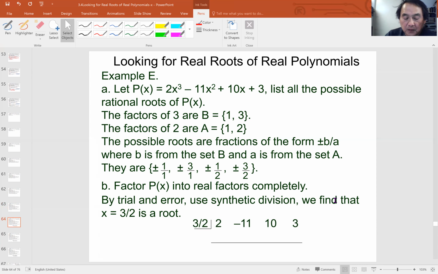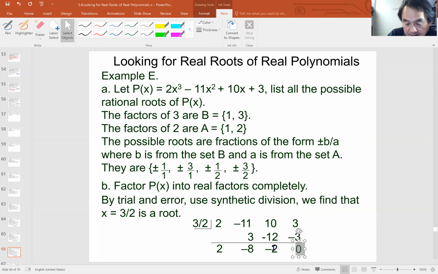Then I can use synthetic division to factor this root x minus 3 over 2 out of the equation, and the synthetic division goes through, and we get zero as a remainder, of course. And this part is the second-degree equation, the quotient.